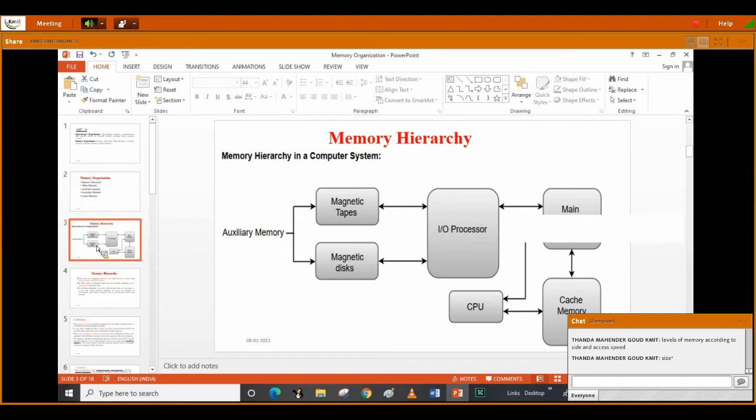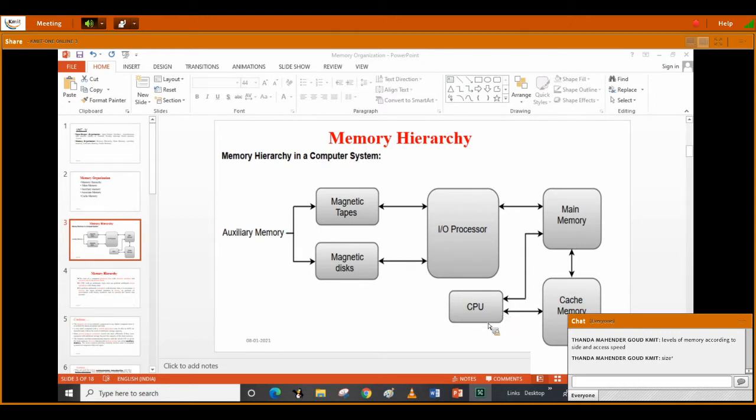Whatever is transferred to the main memory, the main memory is useful to communicate directly with the CPU. The data transferred into the main memory is then transferred to the CPU. Understood? The CPU executes only programs present in main memory.